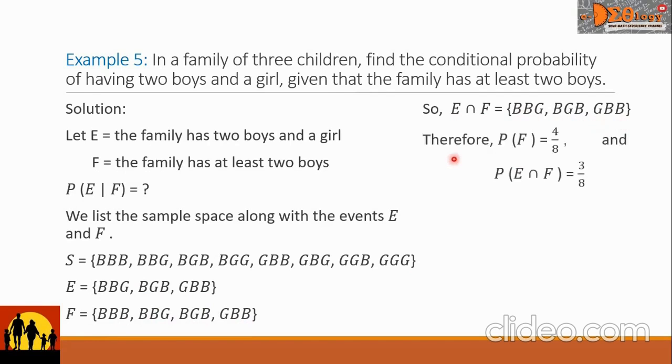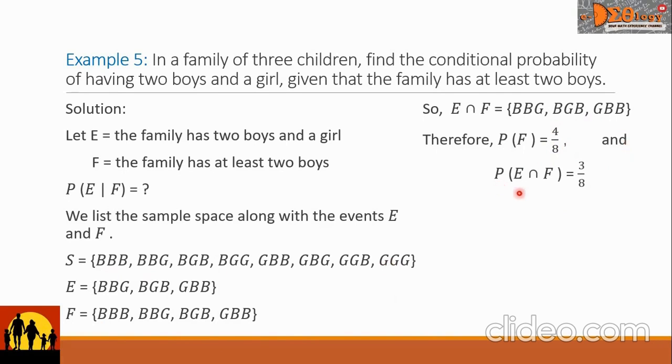Now, we can notice that P of F equals 4 over 8. We write here 4 because there are 4 elements in our event F. And in our denominator is 8 because there are 8 elements in the sample space.